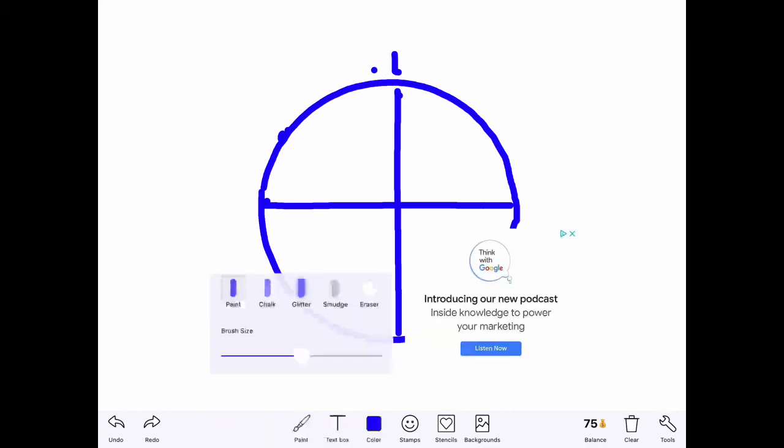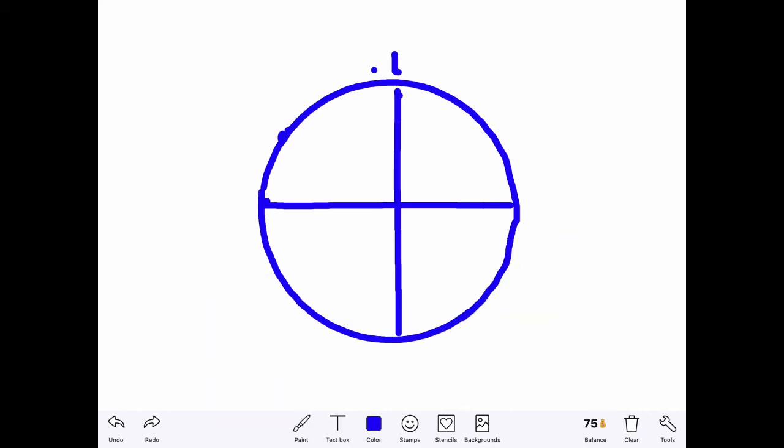Okay. Again, here's our unit circle. 0 degrees, 90 degrees, 180 degrees, 270 degrees, and back here to 360.